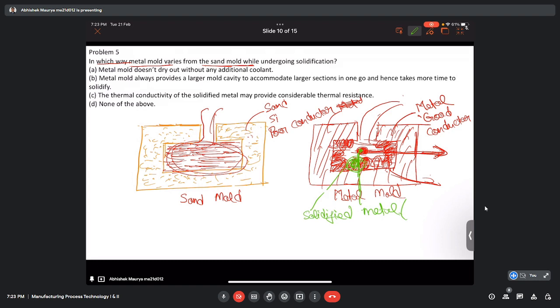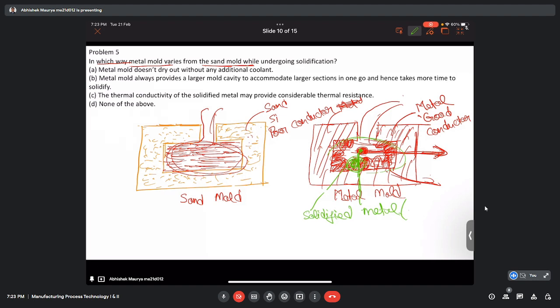If the solidified metal has good conductivity, then our whole casting will get solidified quickly and uniformly. But if the solidified metal does not have good conductivity, then even if our mold is a very good conductor, the heat transfer will not take place. However good a conducting mold material we take, the solidification process will become slower.